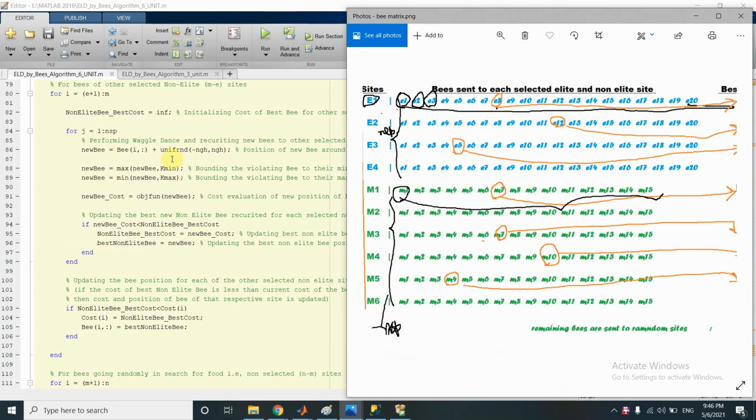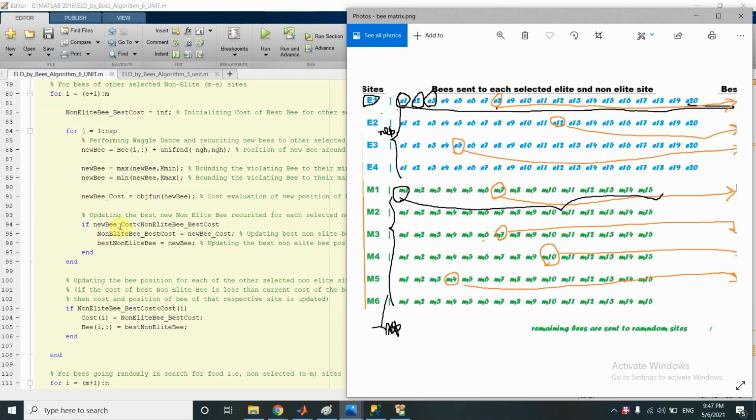Once again, to find the position of the new B, we do the same thing. Generate a random number between -ngh and +ngh and add it to the initial position of the non-elite site B. Then once we have found the position of new B, we check for the boundary violations, and if it does violate, then we enforce the limits. After that, we calculate the cost by passing the row vector of position of all the 6 dimensions in the objective function.